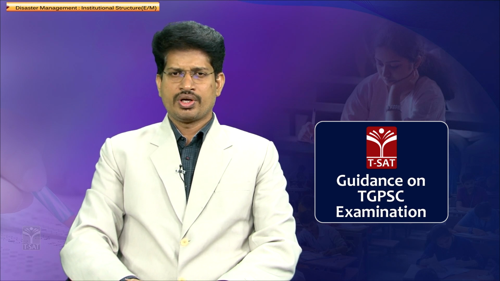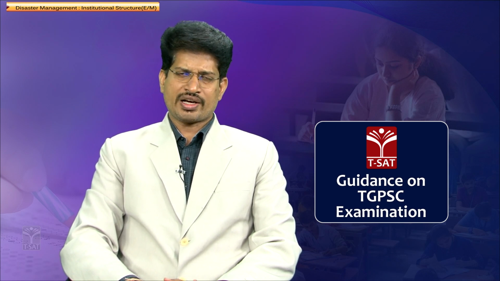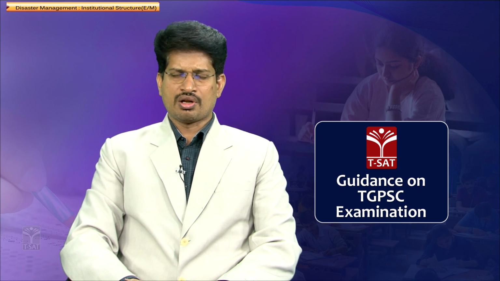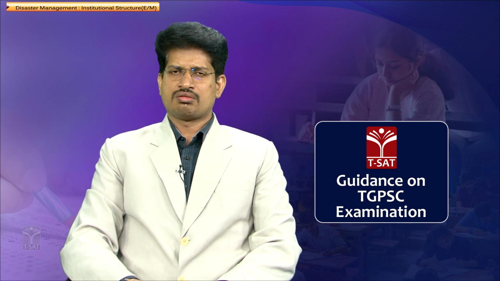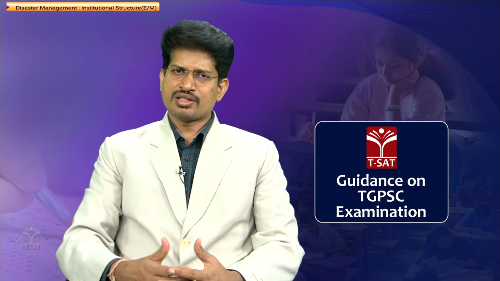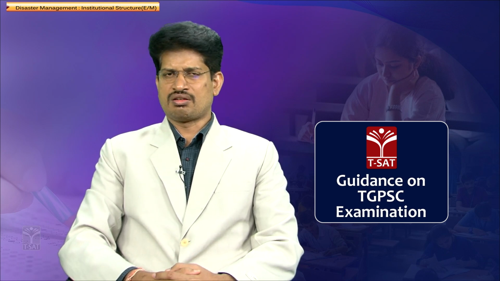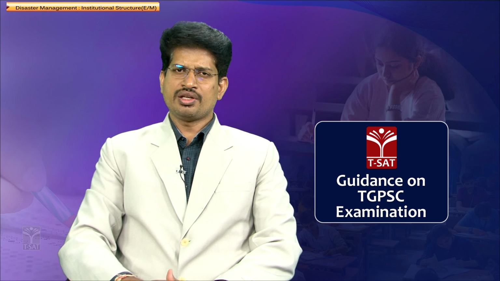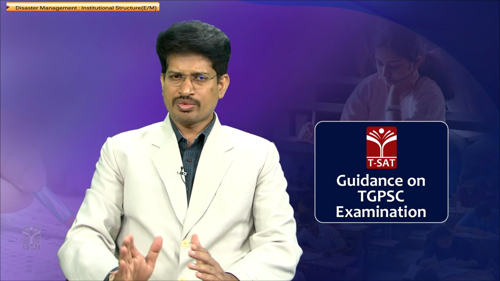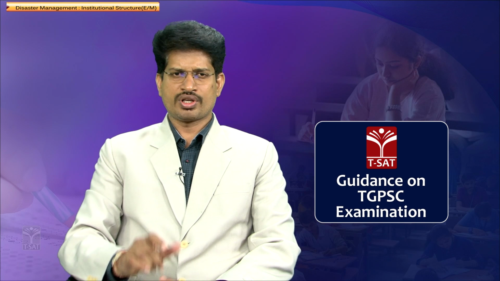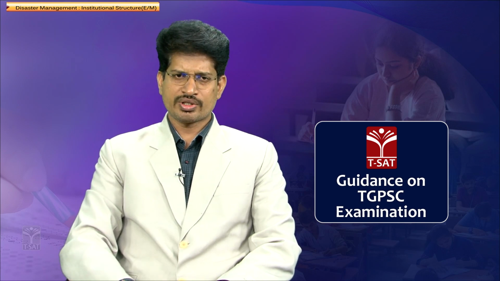So in this condition, the economic loss can be a loss of housing, agricultural crops or cattle, or any kind of resource loss can be considered an economic loss. So to minimize loss of life and property is one of the main objectives of disaster management.